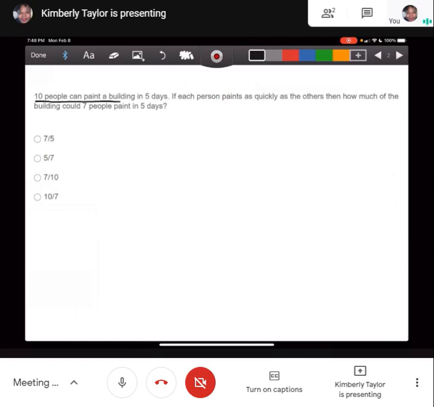Just this one here. This means that one person can paint 1/10 of the building. So one person, that's why you got 1/10. One person can paint 1/10 of the building.